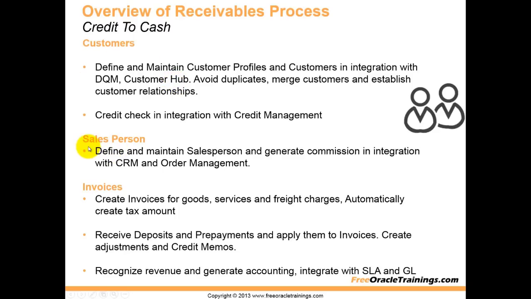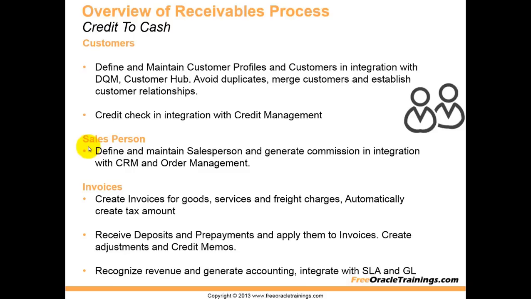If you are implementing order to cash, and someone has sold some orders to the customers, sales commission has to be paid to them. So you define the salesperson, and while defining the salesperson, you also associate the percentage of commission that would be paid to them. This is mostly a part of not only order to cash, but here a little bit of CRM comes into the picture, wherein sales and marketing and iStore processes are also involved.